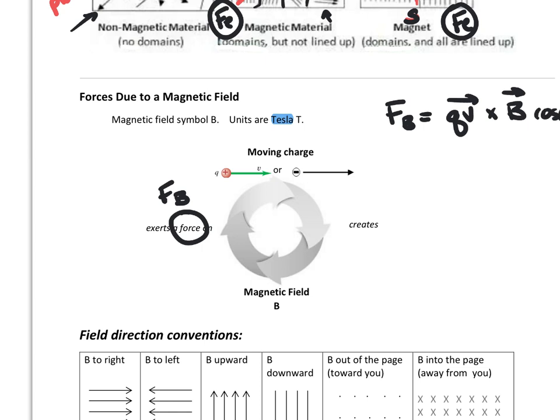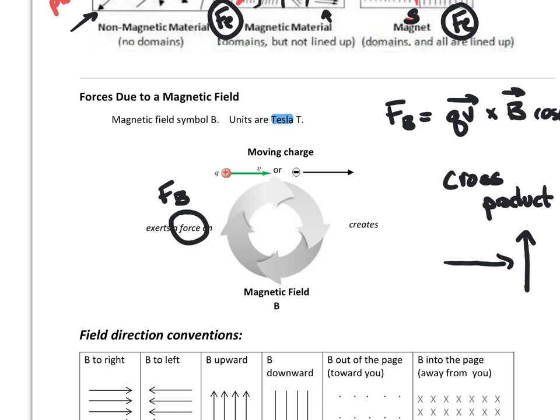So what do we have here? We have what are called cross product vectors. A cross product means two vectors that are literally crossing each other. It's not the same as multiplication, because we literally have vectors crossing each other.